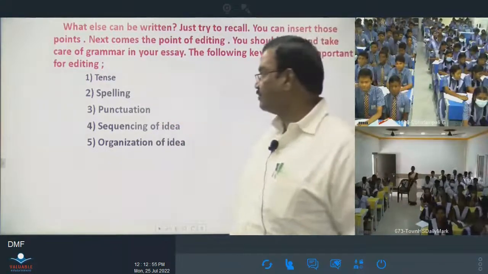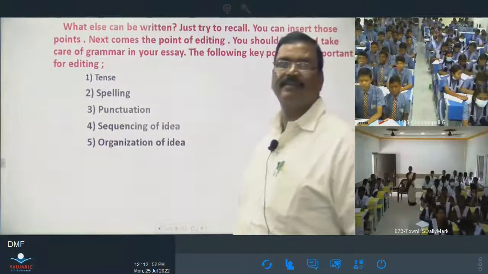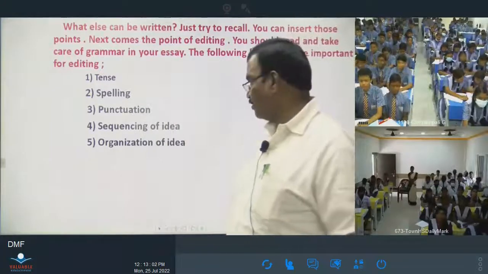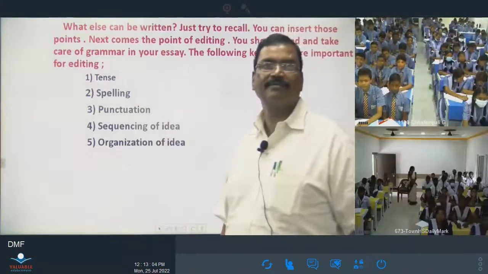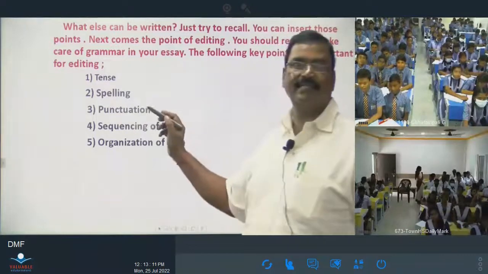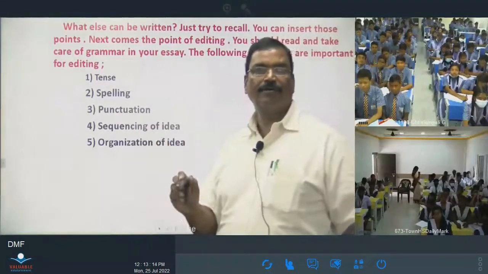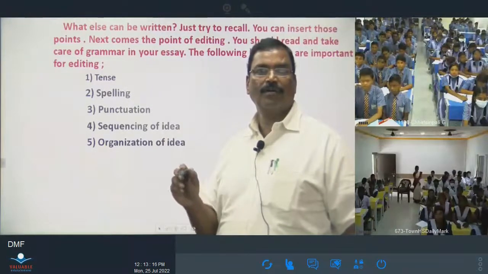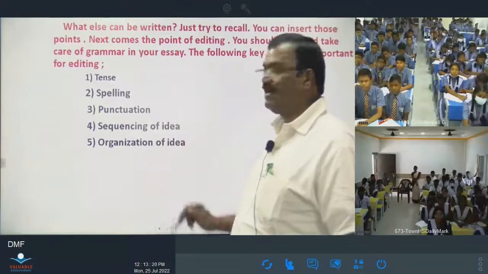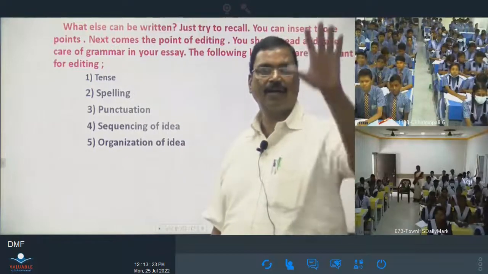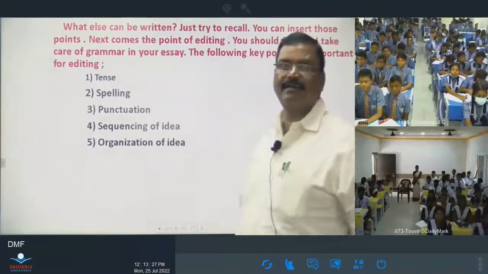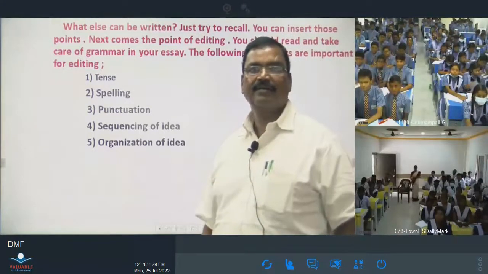tense, spelling of the word, whether the word has been spelled correctly or not, punctuation marks, whether a full stop has been given or not, whether sentences begin with a capital letter, where a comma, colon or quotation mark may be needed, sequencing of ideas, whether the ideas are in order, and organization of ideas, whether we have organized them properly.